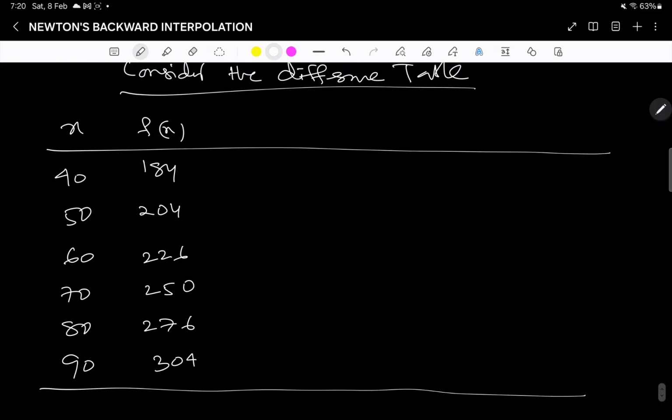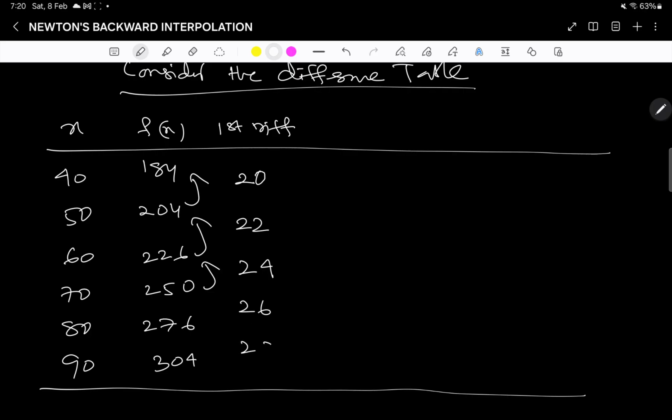I just find the first order difference. First difference means I find this gap only. So this gap only, and this will be my 20, this is 22, this is 24, I write at the middle, and here this is my 26, this is my 28. And what is my second difference?